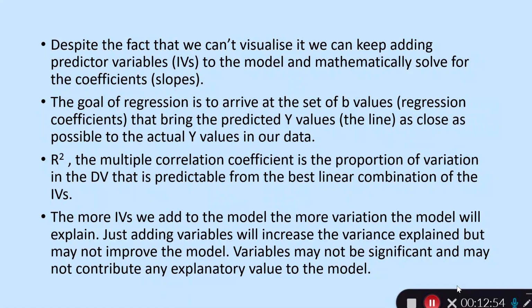And r squared in a multiple regression model is the proportion of variation in the dependent variable that is predictable from the best linear combination of the independent variables. So you'll remember from linear regression, SPSS gave us 3 different tables.